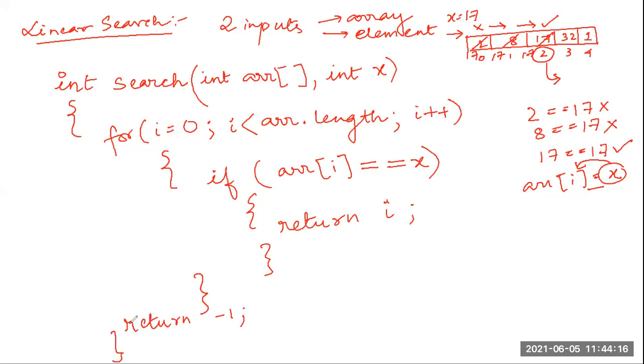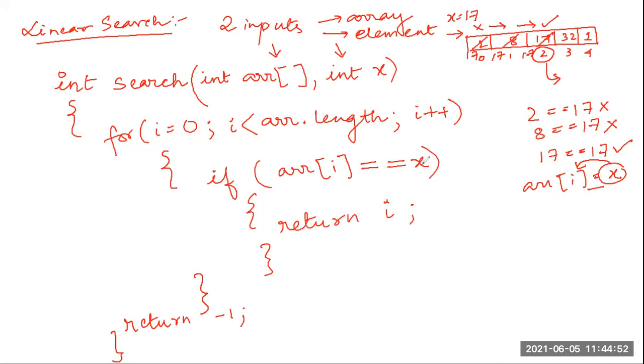I return a -1 to indicate that nothing has been found. Okay, so this is the concept of my linear search. I start with the array as input to the algorithm, and I give one element as input to the algorithm. I traverse the entire array. In between, for every location in my array, I check whether the value is equal to the element I am searching for.